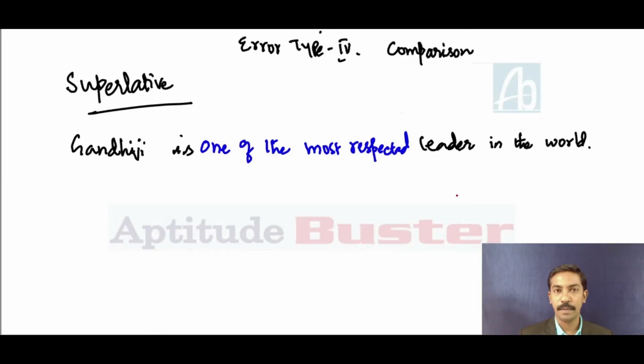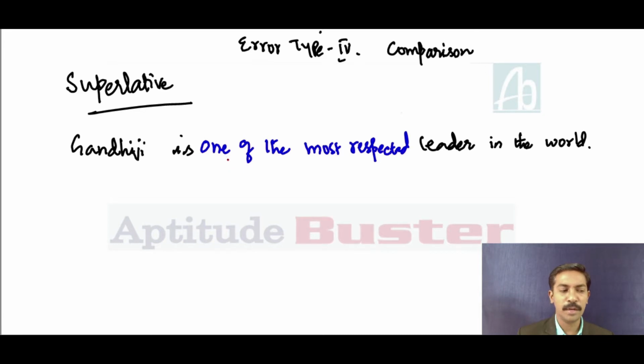Next error type, comparison, of the entire spotting error question types. This is the simplest one. So I'm sure that you would remember it. When you get a question like this, Gandhiji is one of the most respected leaders in the world. While you read it, you can easily understand the given question is in superlative form.